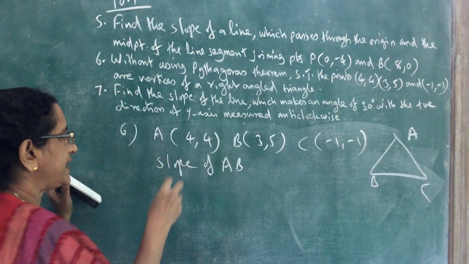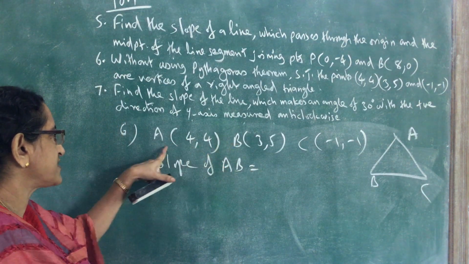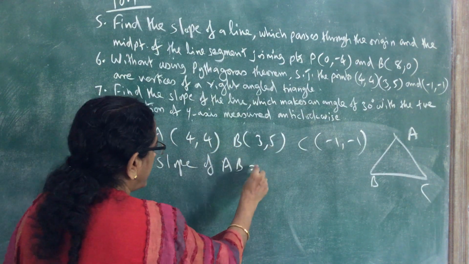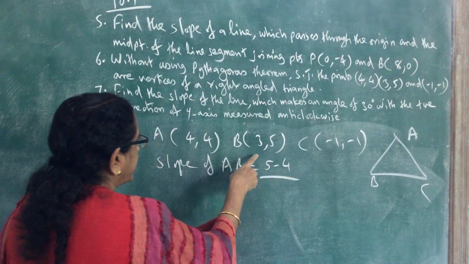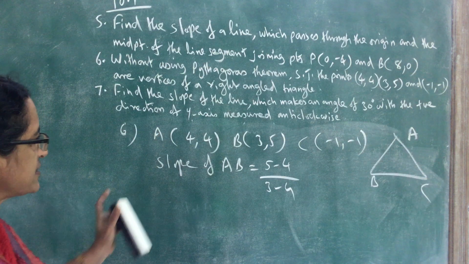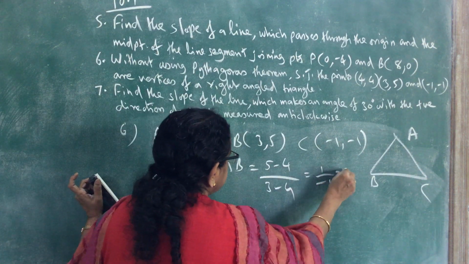Now the slope of AB is y2 minus y1 by x2 minus x1. The two points A and B are these points. So the slope of AB is 5 minus 4 divided by 3 minus 4, that is 1 divided by negative 1, that is negative 1.